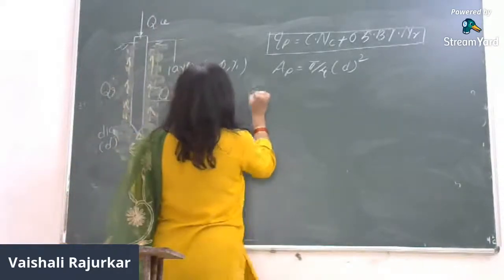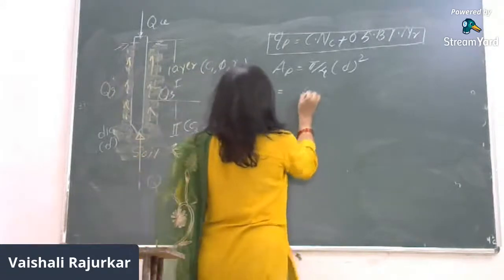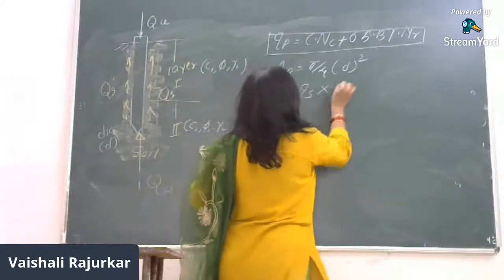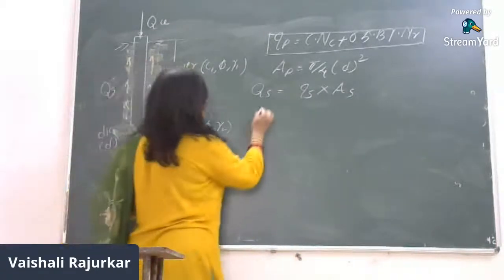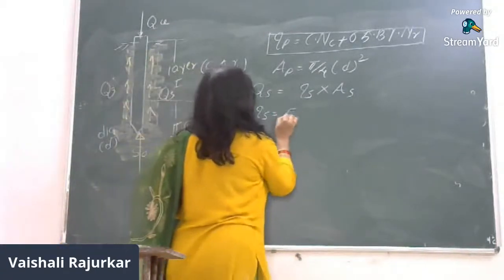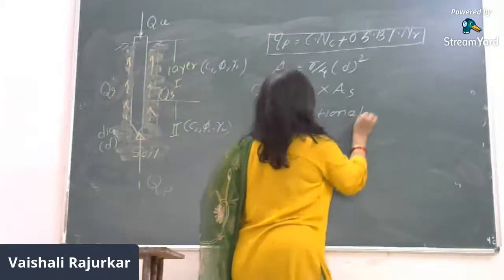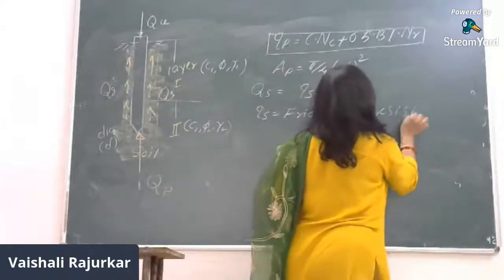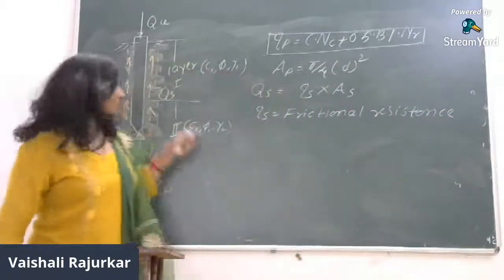Then the other is QS. This QS can be calculated as small qs into As. What is qs? qs is basically the frictional resistance. This frictional resistance is naturally in clay soil.